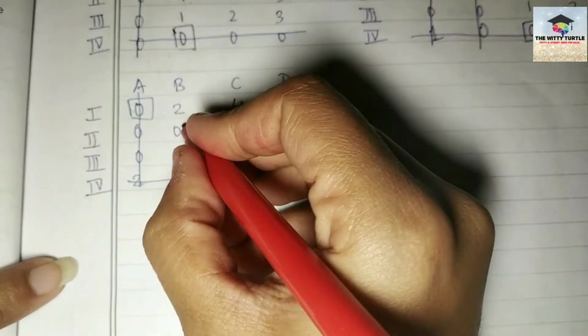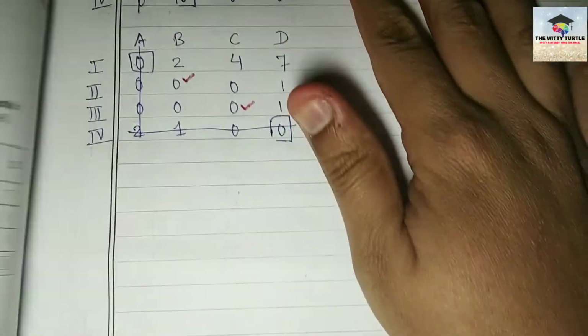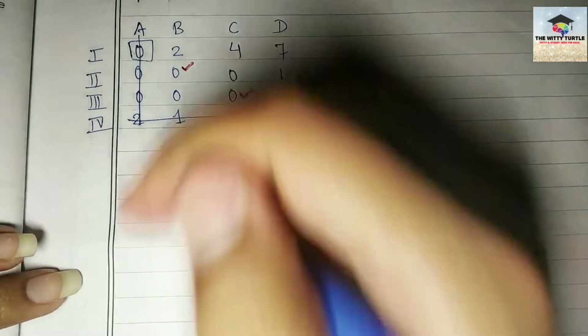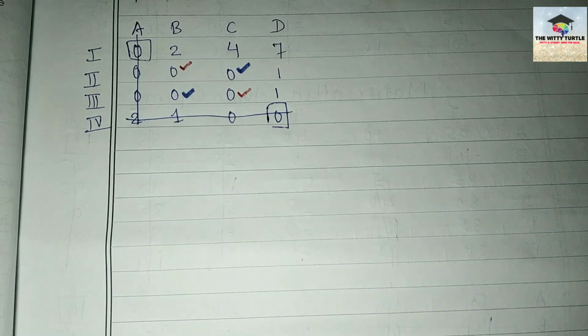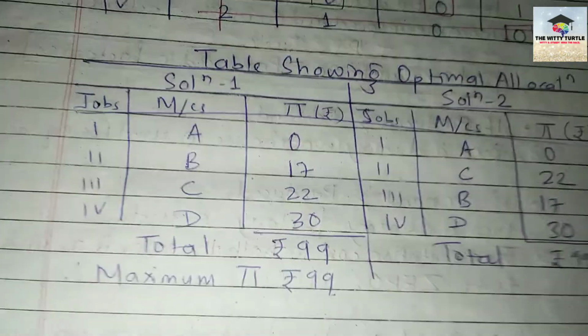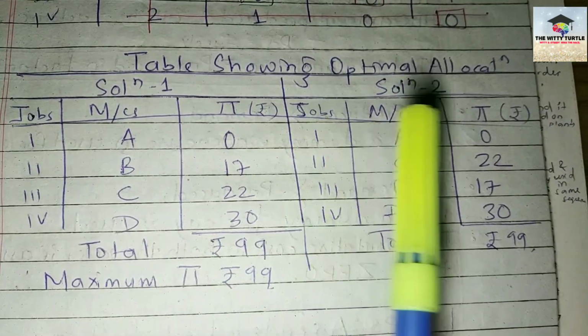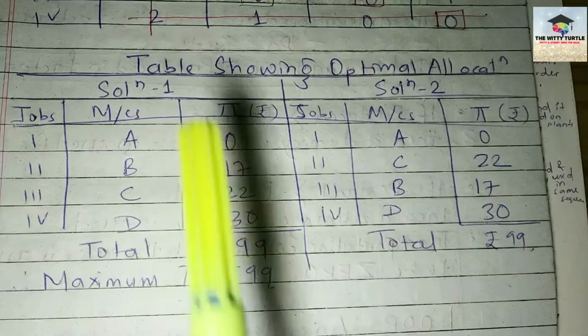So you can take 1, 2 or you can take 1, 2, right? So you have these two alternative options only. So yes, table showing optimal allocation. The first solution is what?